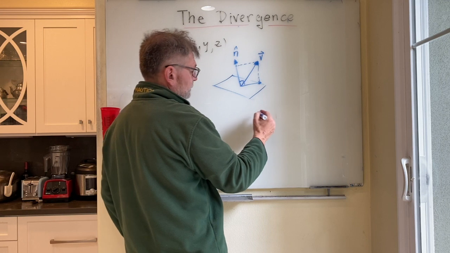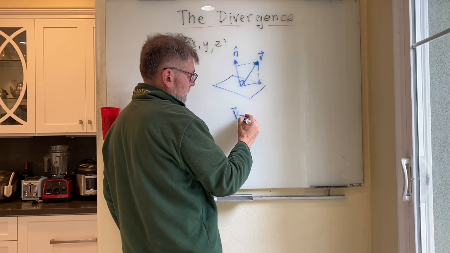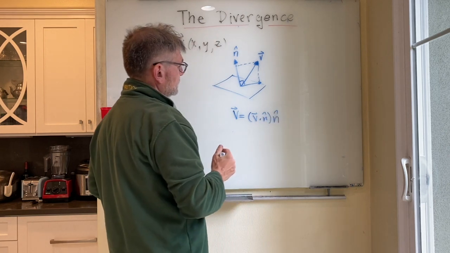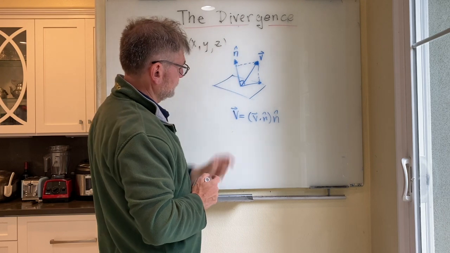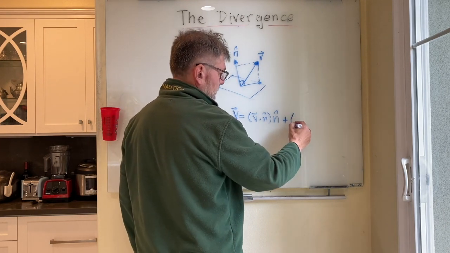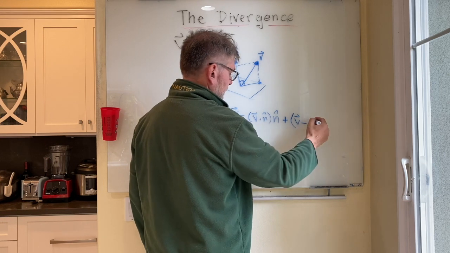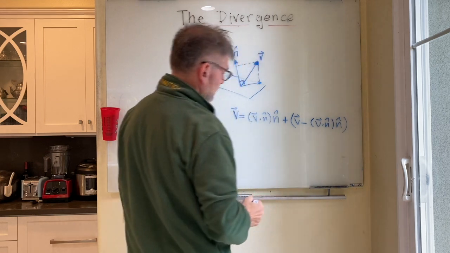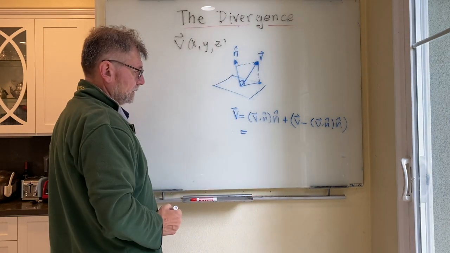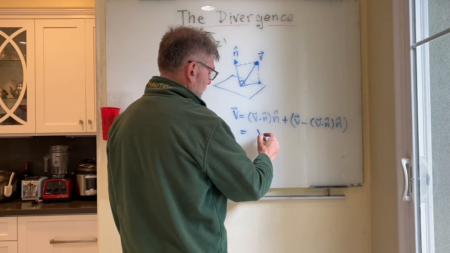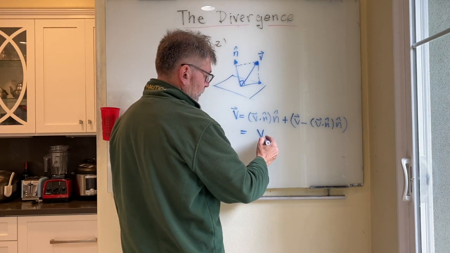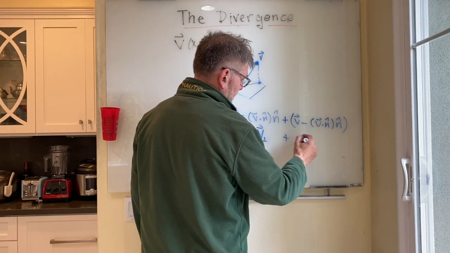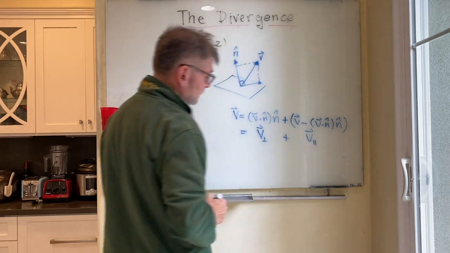So we can decompose v into 2 bits: v dotted with n hat times n hat. That's the part that goes along n hat, plus everything else. So everything else is just v minus this part. And so this bit here, I'm going to call v perpendicular, because it's perpendicular to the surface, plus v parallel, because it's parallel to the surface.